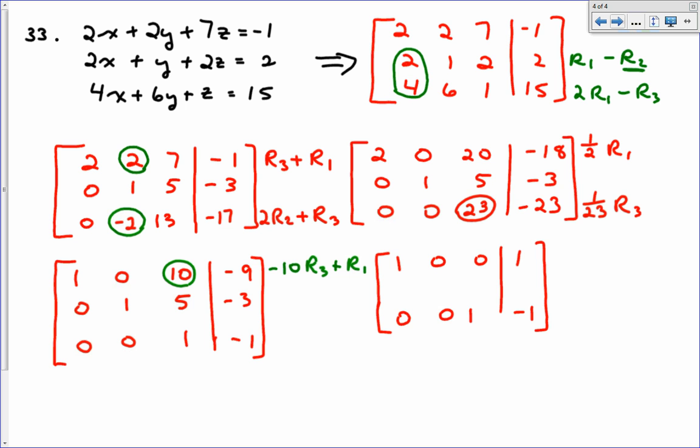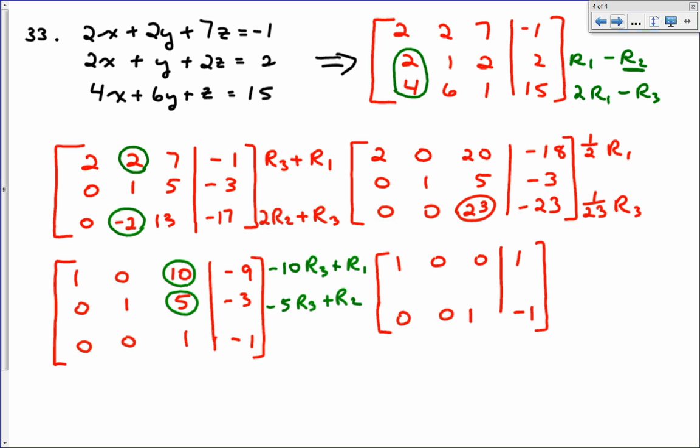And we just need to look at row 2. Row 2 has 5 that I want to get rid of, so we'll do the same thing we did with row 1. We'll use row 3, multiply it by -5, and then add them to get that 0 in that location. So it'll be -5 times row 3 plus row 2.